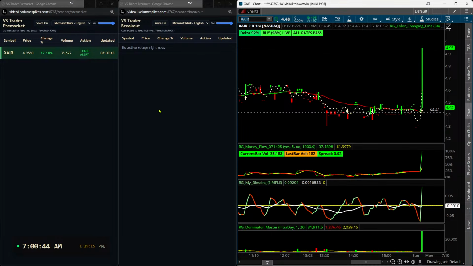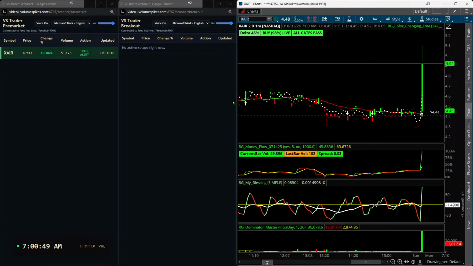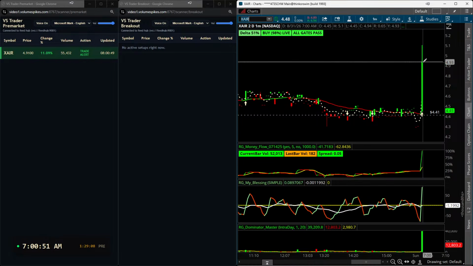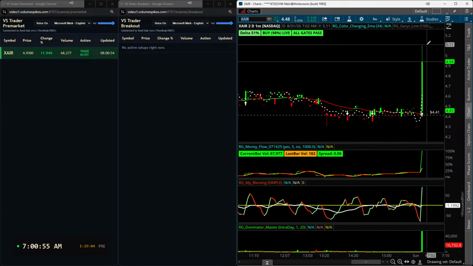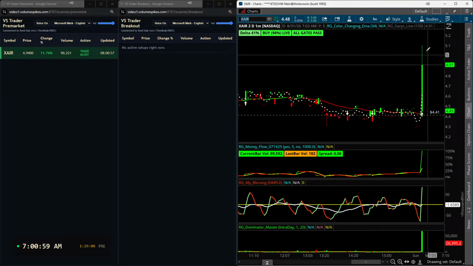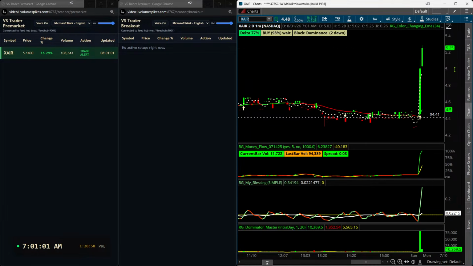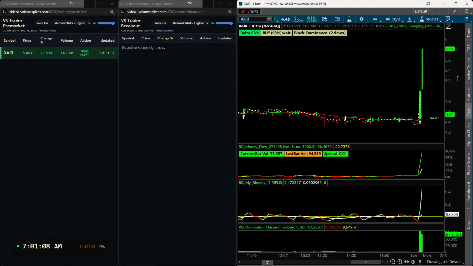It is pushing higher, but let's see how high we can push it. Some profit taking going on. That don't mean it's coming back down. That just means they're taking profit. This stock took off from 440 all the way up to $5. Now the buyers come back in to push it higher. Take those profits up here. Don't let them get away.